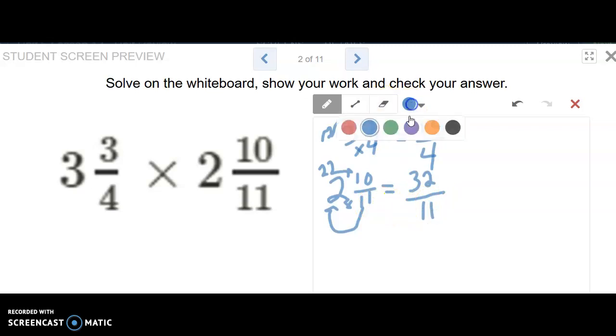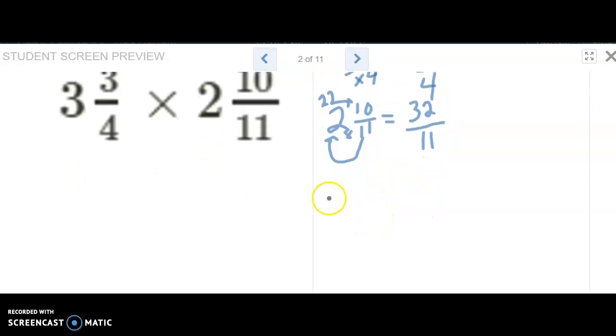All right, so now I'm going to rewrite my problem. I've got 15 over 4 times 32 over 11.